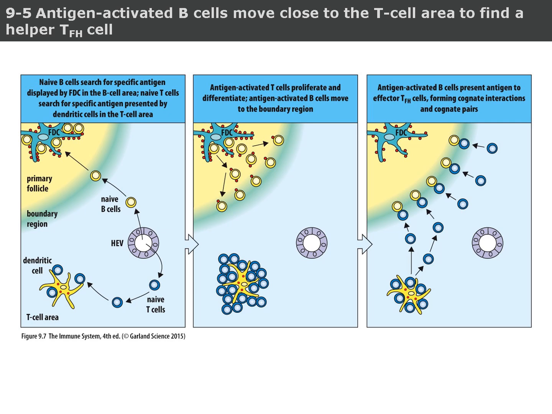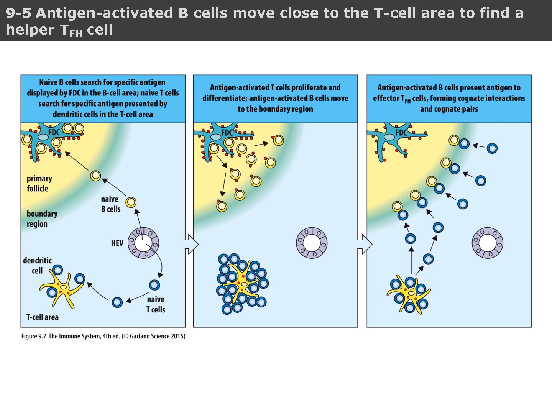At the same time, naive T cells in the T cell zone are engaging conventional dendritic cells, which present processed peptide antigens. When both B and T cells recognize the same antigen, they are activated in parallel. This sets the stage for collaboration.